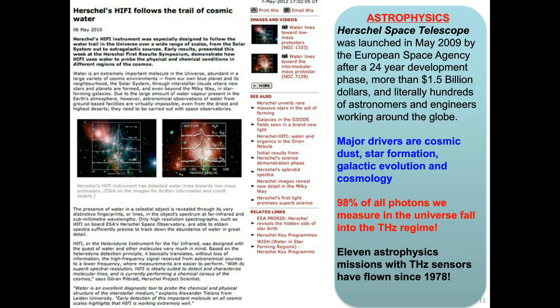It's been a major, major science success and has really contributed thousands of papers now in galactic structure, cosmology, stellar evolution, and the nature of the universe.